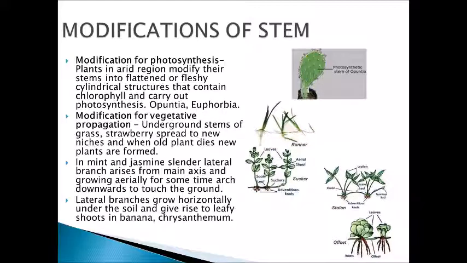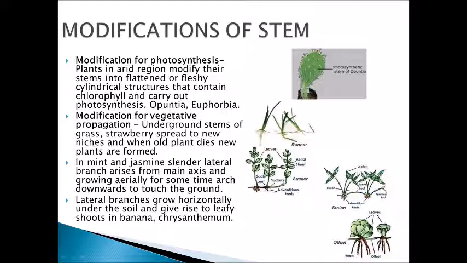In that case, the stem becomes photosynthetic and prepares the food. The example is cactus plant or Opuntia plant. You can see here, this is the Opuntia plant. Here, this green colored flat structure is the stem. It is a modified stem for photosynthesis.